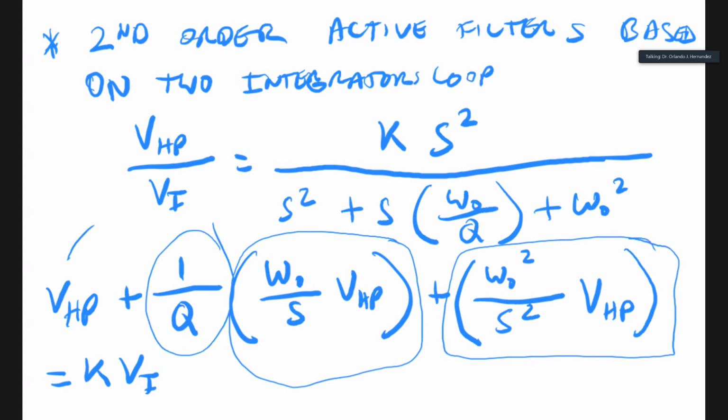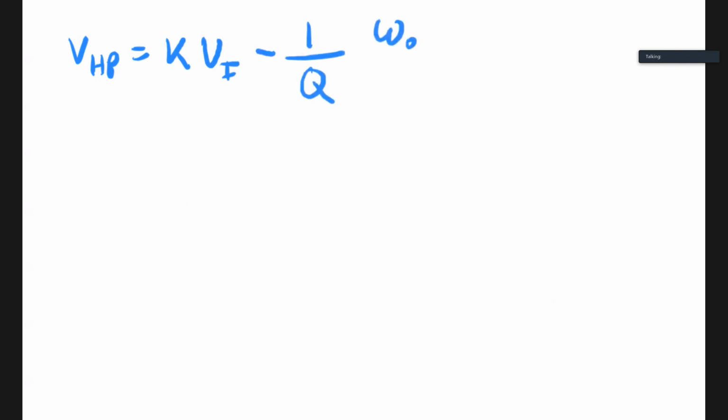So then our output voltage for the high pass is precisely the output of the summer. And if our integrators are inverting integrators, then we get those minus signs for free.